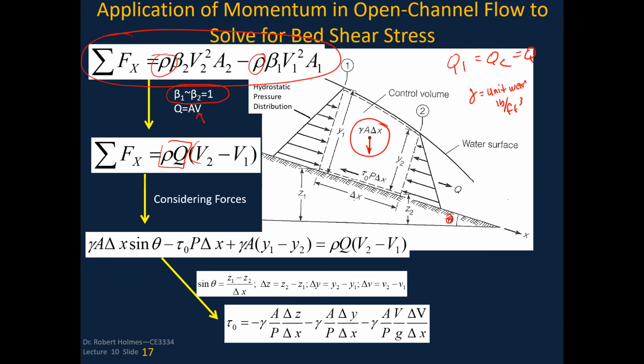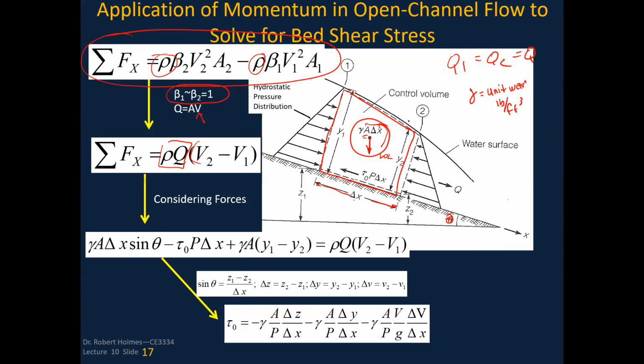If I take that unit weight and multiply it by the volume represented by this, the cross-sectional area times delta x, where delta x is this distance right here. You can see that the cross-sectional area is perpendicular to the slide in front of you, that's the A, and delta x is the distance. So this is a volume term, volume times the unit weight gamma.